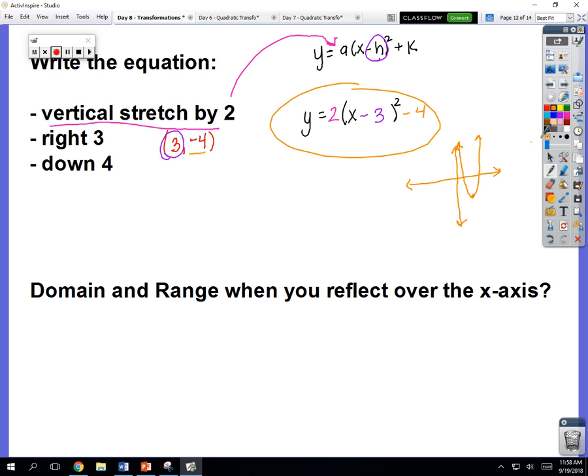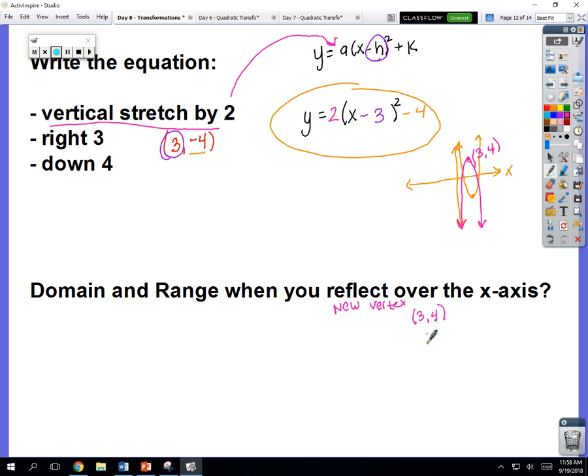If I was going to reflect it over the x-axis, my new vertex would be up here. So instead of at positive 3, negative 4, it's at positive 3, positive 4. So my new vertex will be at positive 3, positive 4. And instead of facing up, it will be facing down to be reflected.